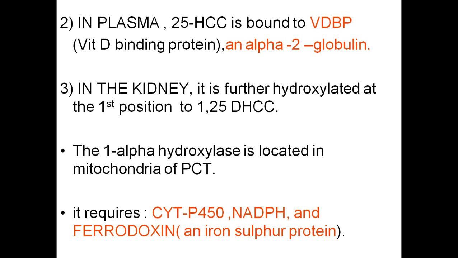It is then transported to the kidney, where it is further hydroxylated at the first position by the 1-alpha-hydroxylase enzyme. The 25-hydroxycholecalciferol in the kidney becomes 1,25-dihydroxycholecalciferol. This enzyme 1-alpha-hydroxylase is located in the mitochondria of the proximal convoluted tubule.